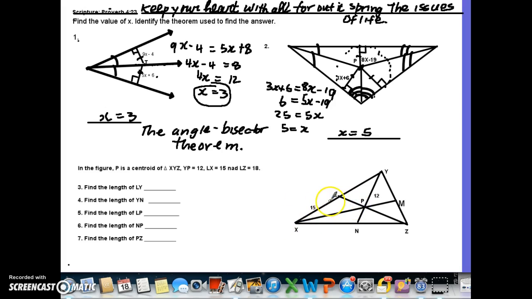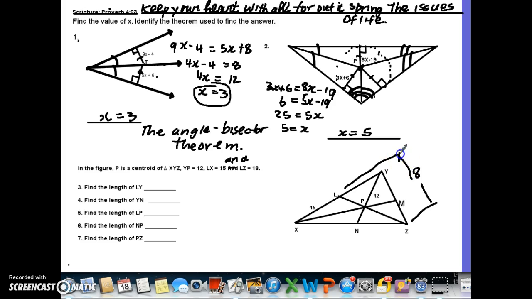And finally, LZ is 18. Okay, so let's show that that's 18 like this. So that's the overall here.